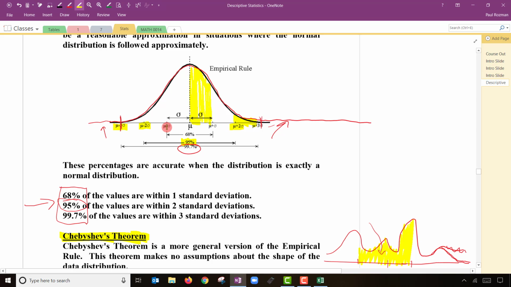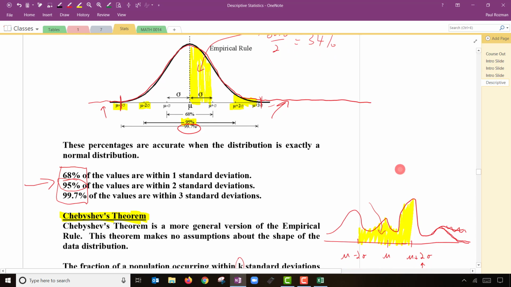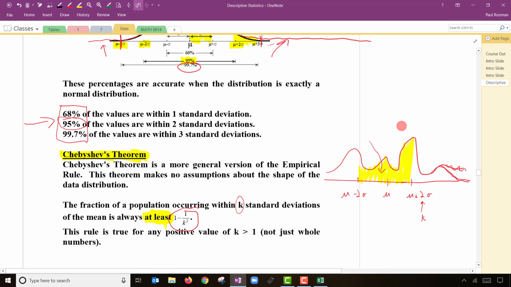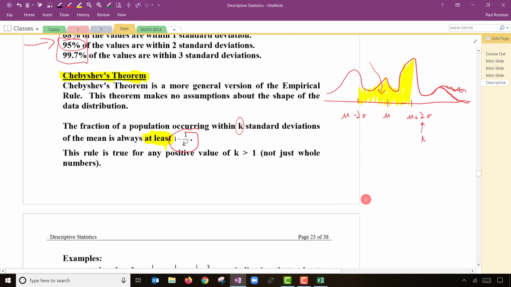Well, if I know that 68% is within 1 standard deviation, then this region between the mean and 1 standard deviation above is 68% divided by 2 because it's symmetric. The area right here equals the area over here, so I know that that's 34%. So the empirical rule is nice for that, where you cannot necessarily do that if you're talking about a distribution that you either don't know or you know is something weird.